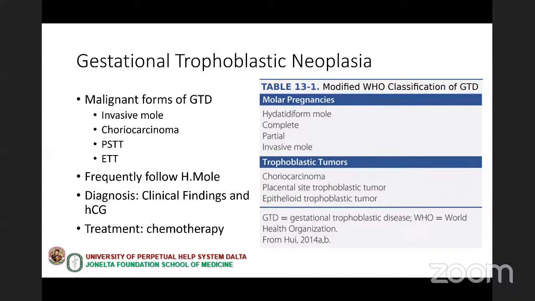So this commonly follows your hydatidiform mole, but some of these malignant forms of GTN can follow a normal pregnancy, an abortion, etc. Diagnosis remains to be clinical, with HCG as the main laboratory indicator. Treatment would be chemotherapy.